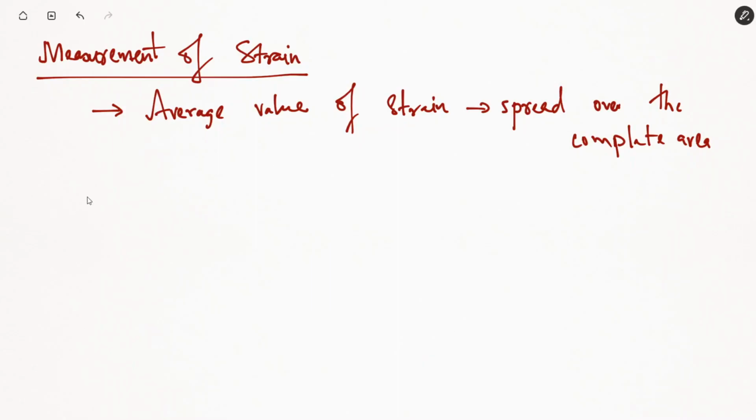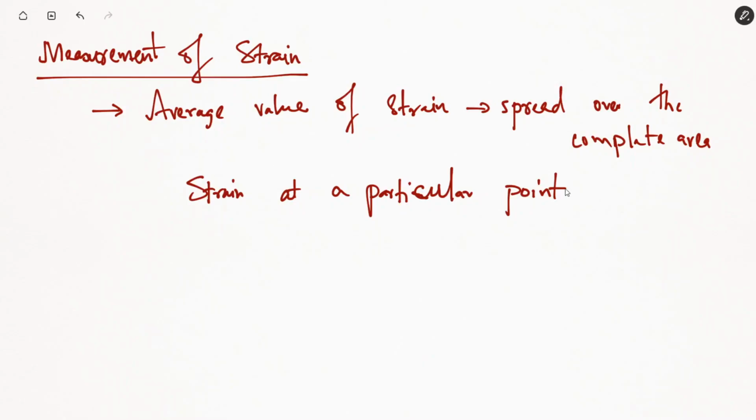So if we are trying to measure the strain at a particular point using the resistance strain gauge, that's not going to be possible.